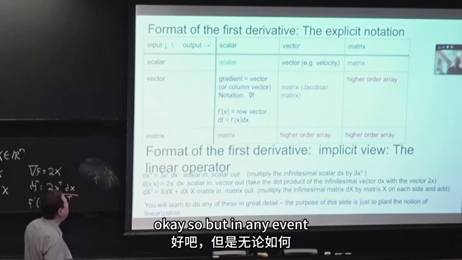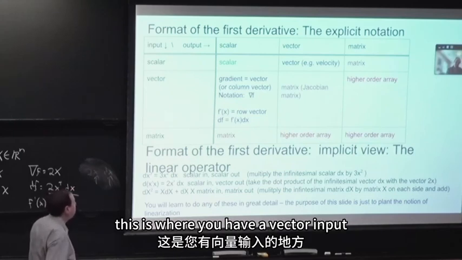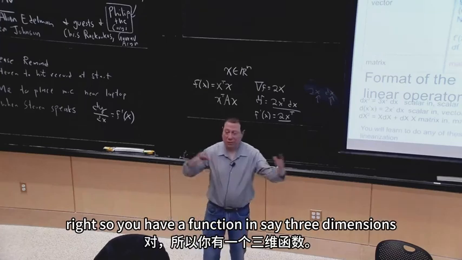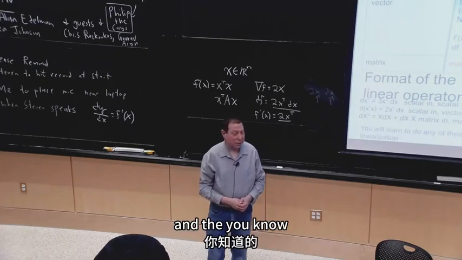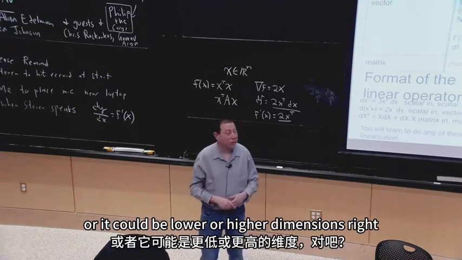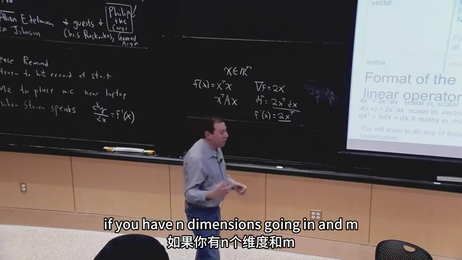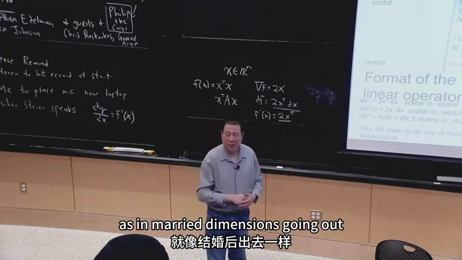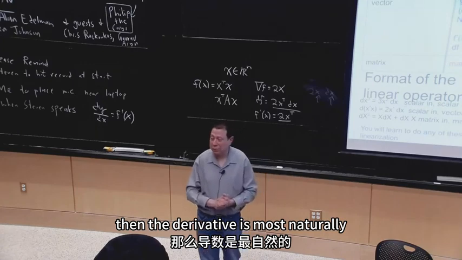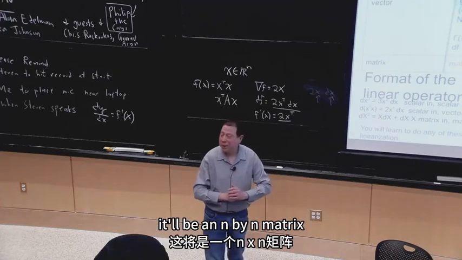But in any event, to set the stage, this is where you have a vector input and a vector output. So you have a function in, say, 3 dimensions, and the output is also, say, in 3, or it could be lower or higher dimensions. If you have n dimensions going in and m dimensions going out, then the derivative is most naturally done as a matrix, not as a linear operator, and it'll be an m by n matrix.